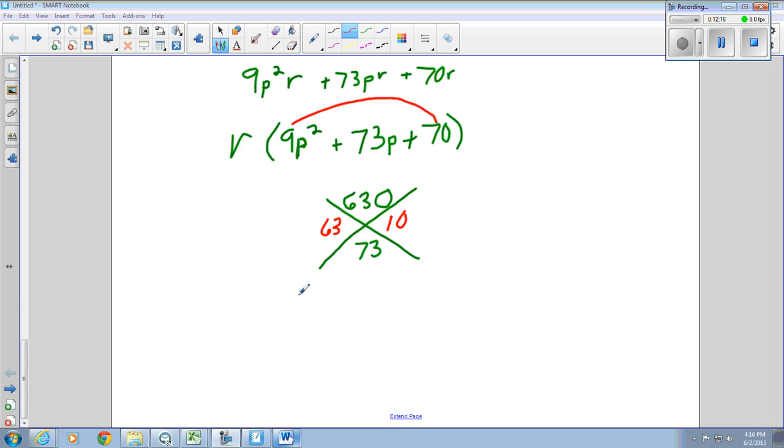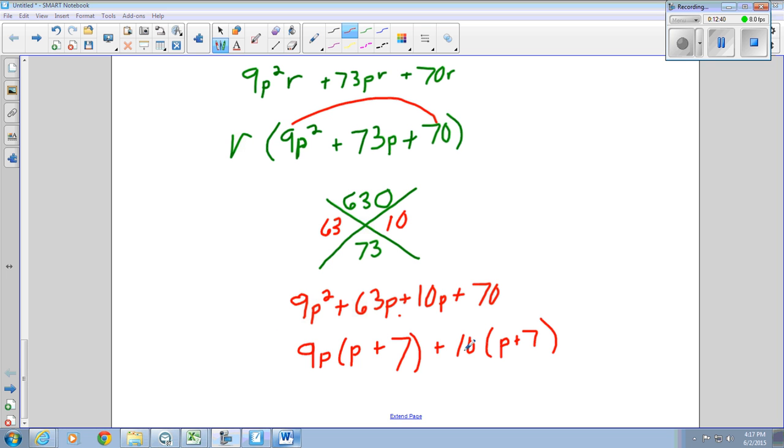Let's expand that middle term. So we have 9p squared plus 63p plus 10p plus 70. And then find the greatest common factors and factor them out for this front part and for the back part.